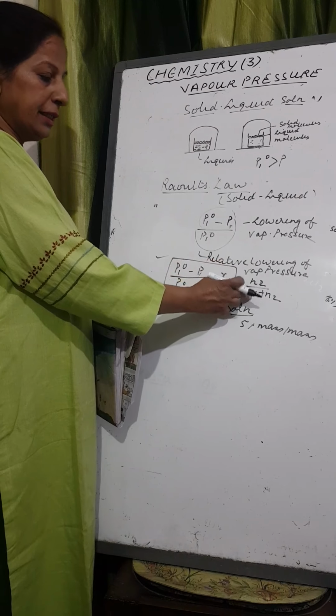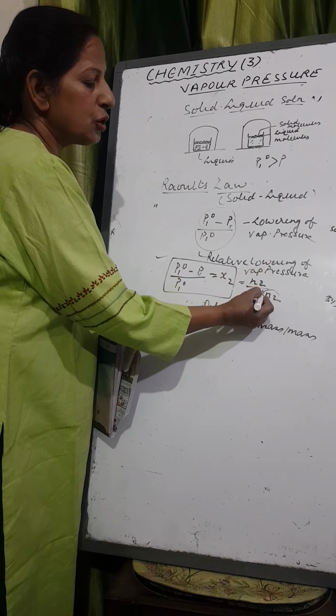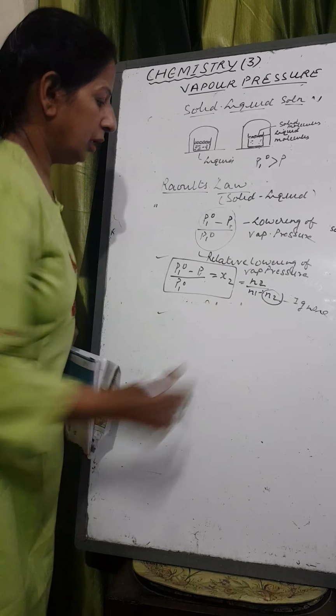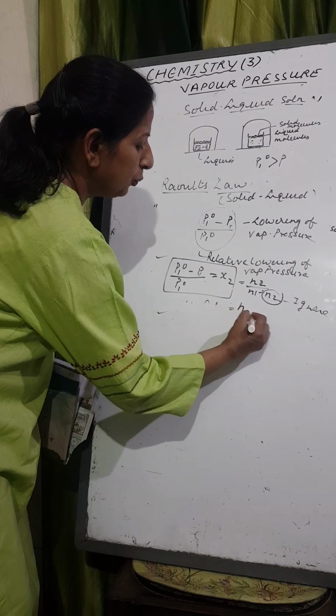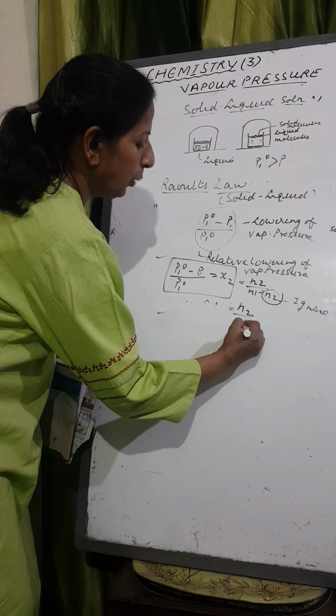So we can write it this way. Now as the solution is dilute, we can ignore this term. So it comes out to be N2 upon N1. Now N2 is W2 upon M2, and N1 is W1 upon M1.